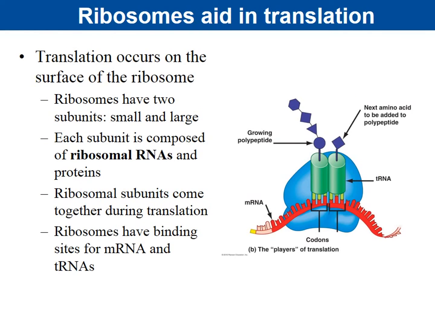Now, remember that when we talked about cell organelles, we mentioned that the ribosome is responsible for protein synthesis. And so the ribosome is going to be responsible for translation. Remember, it has two subunits, a small subunit and a large subunit, and each subunit is made up of ribosomal RNA and proteins.